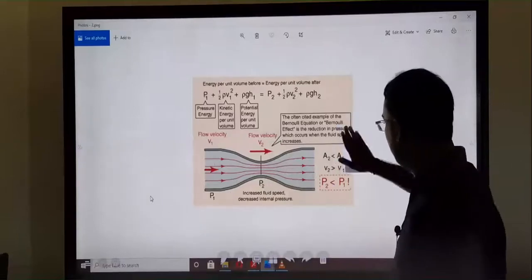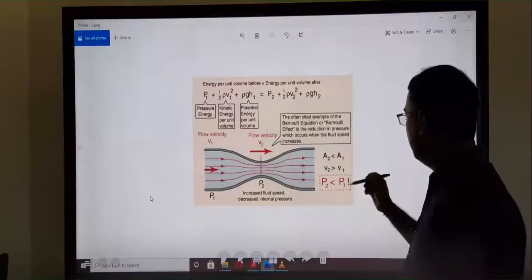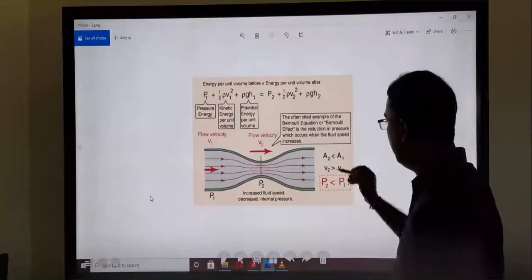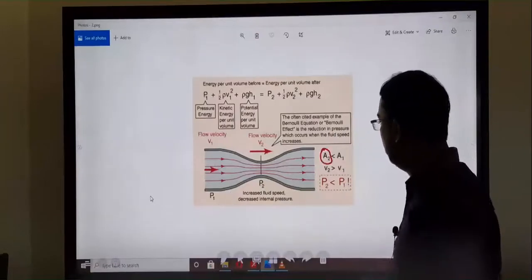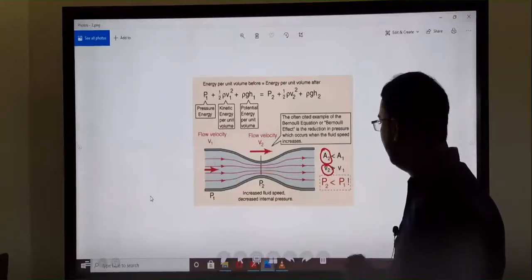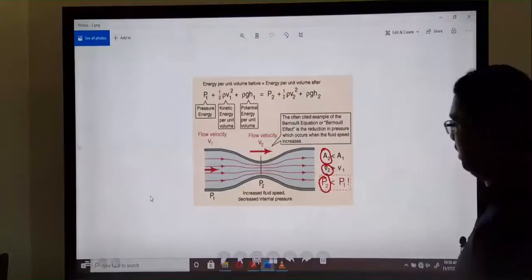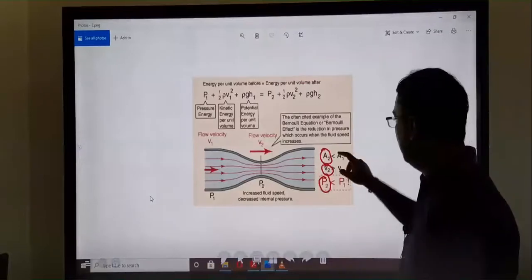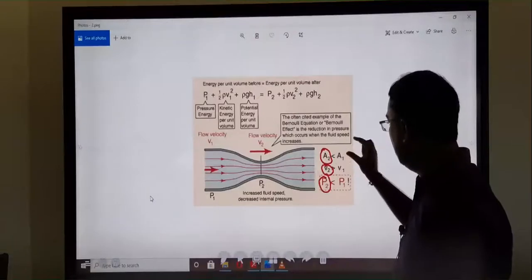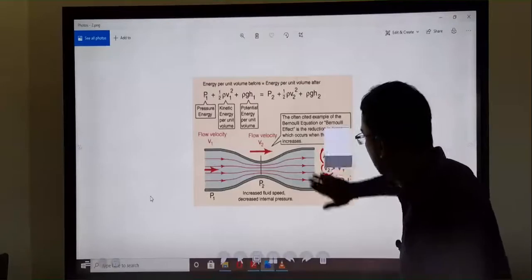From this the equation is derived. That means if the cross section is smaller, the velocity of the fluid is high and at the same time the pressure is low. So if the cross section is reduced, the pressure in that area is also reduced.